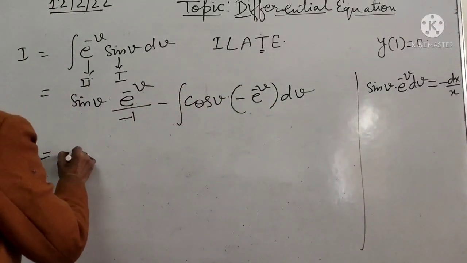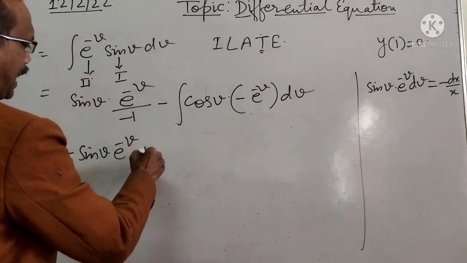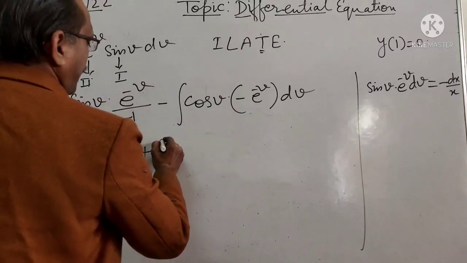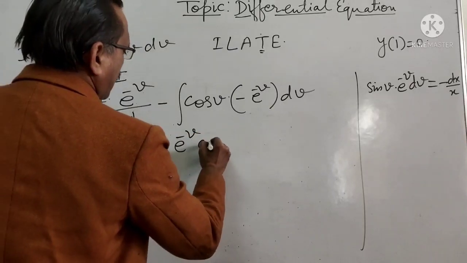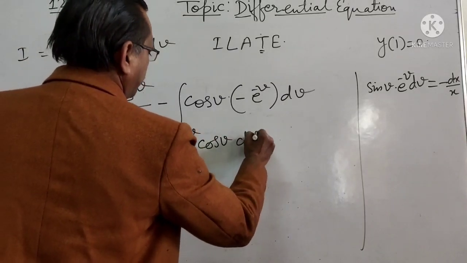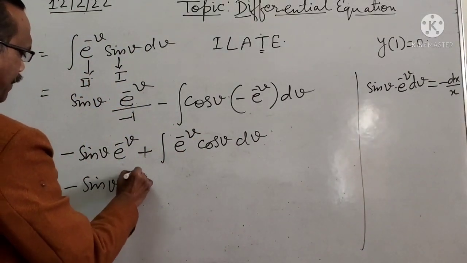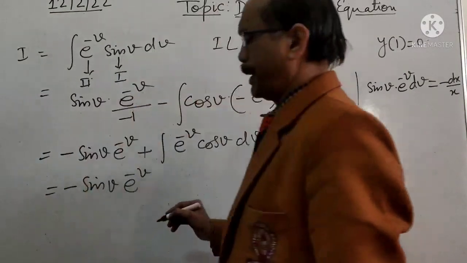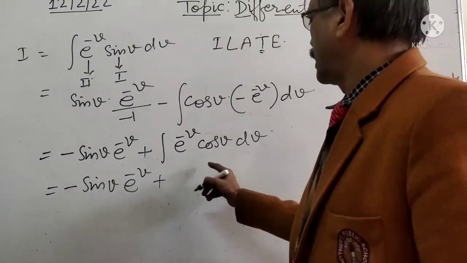So it is minus sin v e power minus v, plus integration of e power minus v cos v dv. Then it is minus sin v e power minus v plus, again by parts.